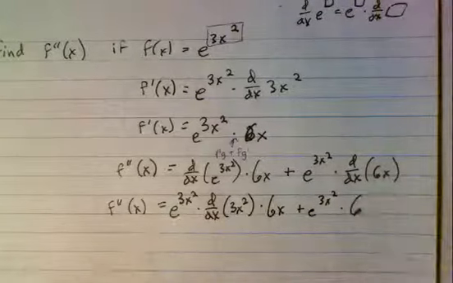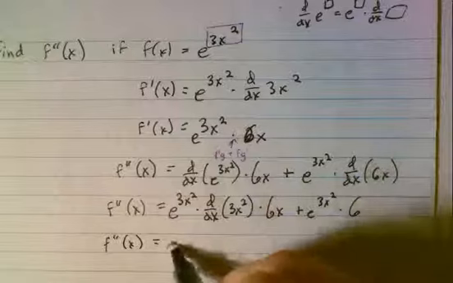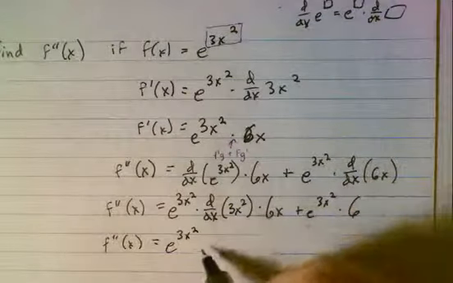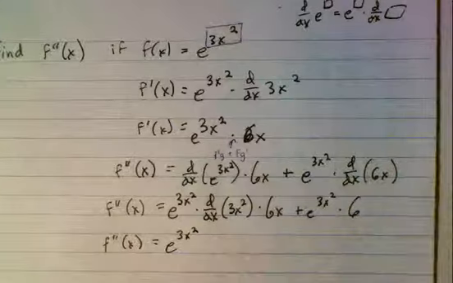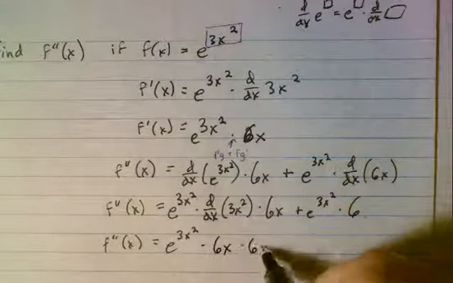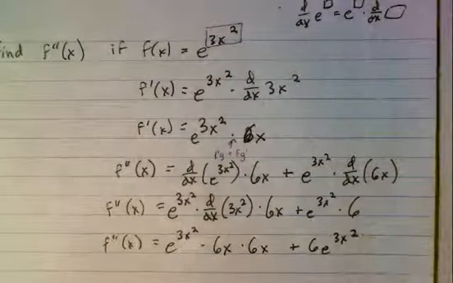Derivative of 6x is just 6. It's e to the 3x squared times 6x times this other 6x plus 6 e to the 3x squared.